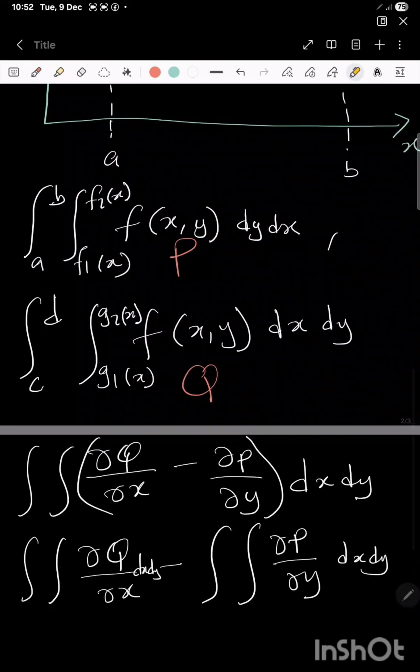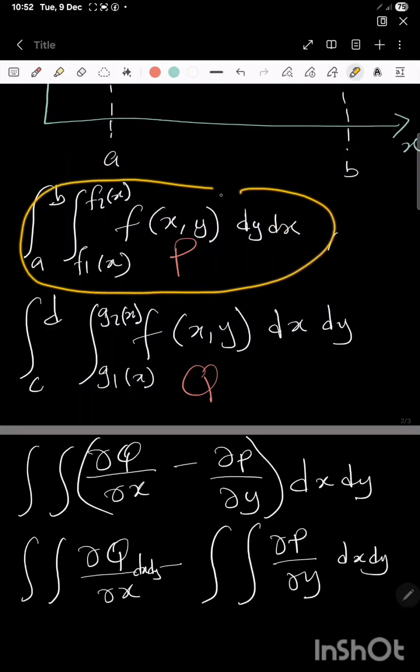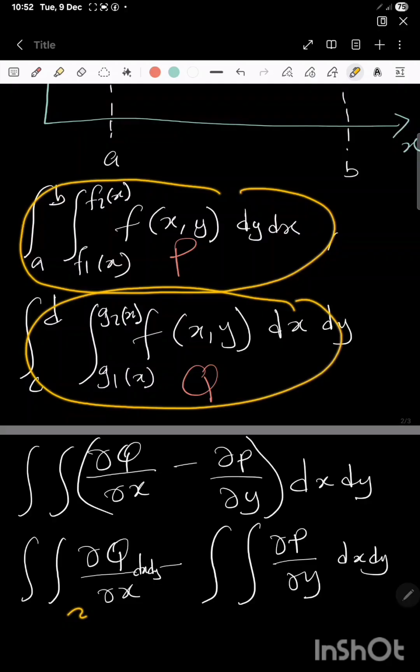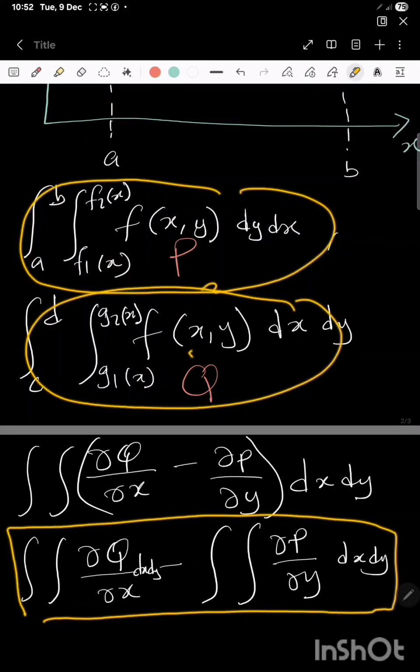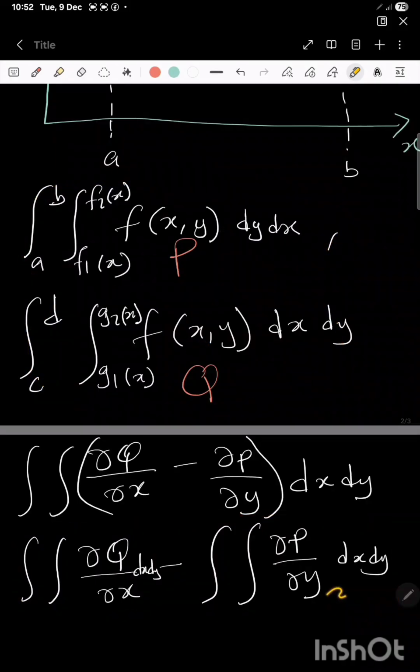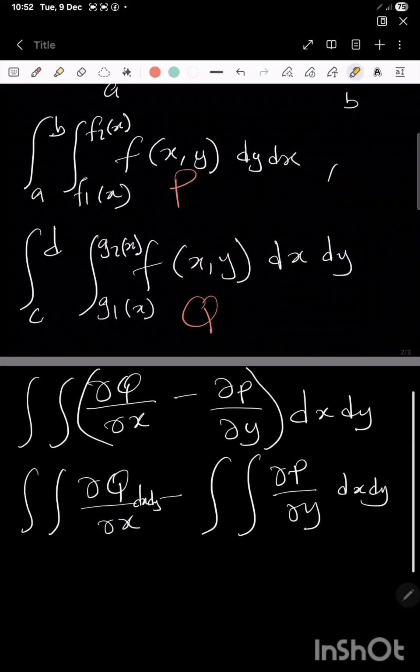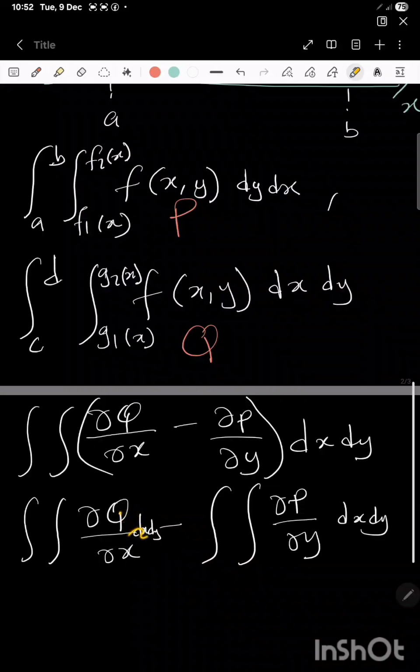Having these two functions, we can now replace them in the statement that we've made here. Now, how can we replace them? Remember, we have ∂Q/∂x dx dy.